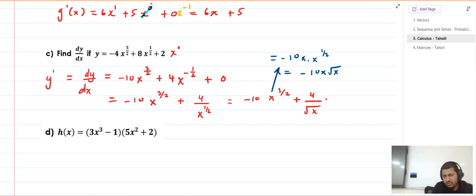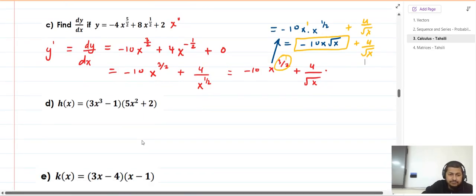To understand this better, 1 plus half is 3 over 2. Can you see? So I broke this x to the power 3 over 2 into x to the power 1 times x to the power half. So you can also say this is the answer for this, plus 4 over root x. You can continue into that form.